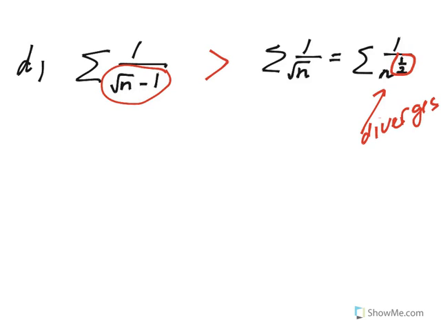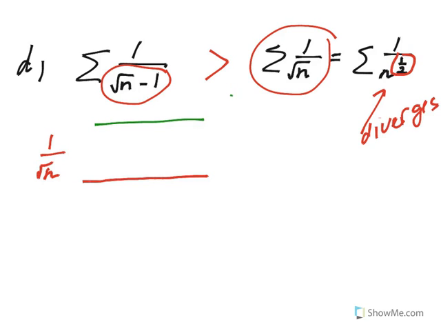Now what happens? So let's say this is 1 over square root of n, the one we compare it to, and it's smaller, so it's under the green one, which is 1 over square root of n minus 1. So the red one is below.